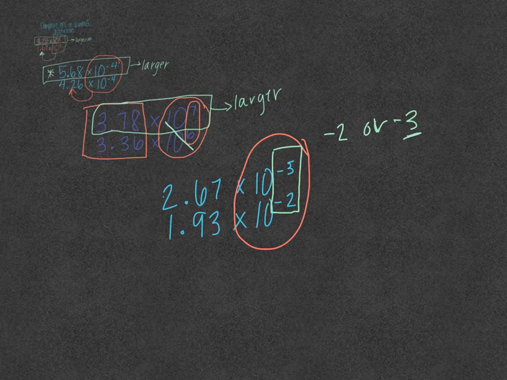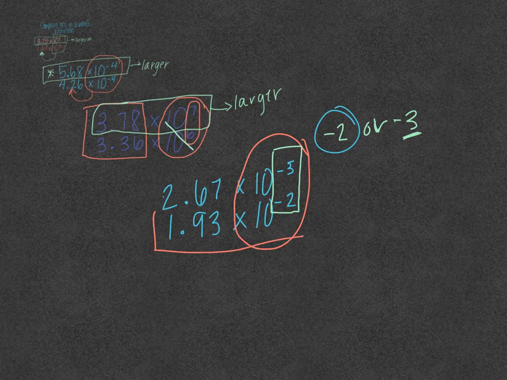Even though this value 3 is larger than 2, they're negatives. So -2 is actually larger. So our larger number is 1.93 times 10 to the -2nd power.